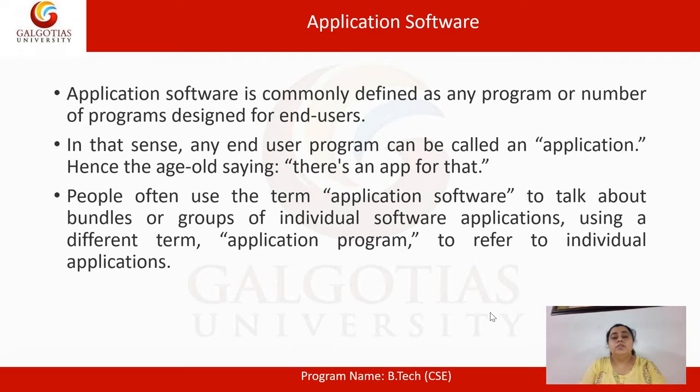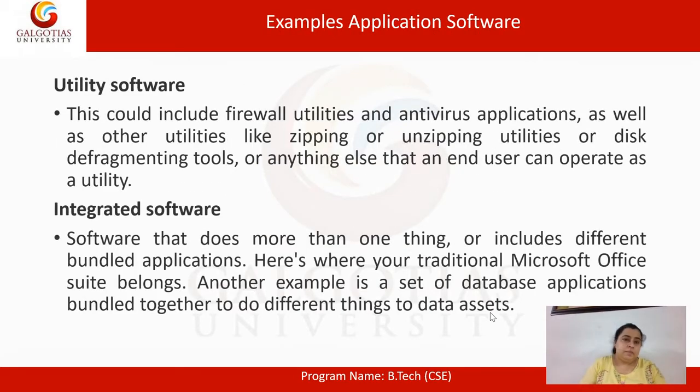People often use the term application software to talk about the bundle or group of individual software applications. Okay. Now application software is further categorized into two types: a utility software and an integrated software.